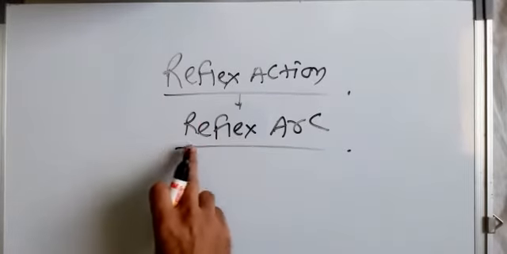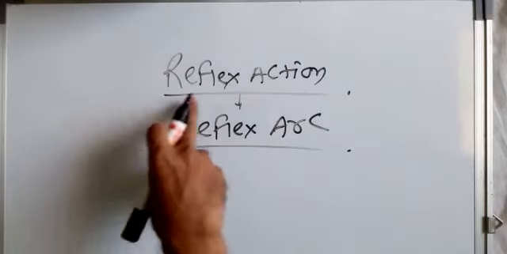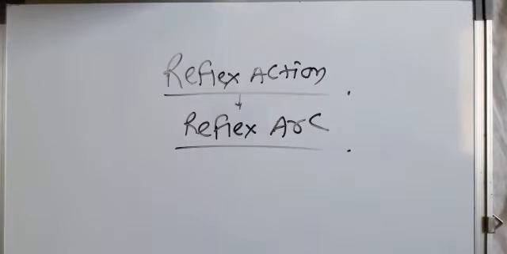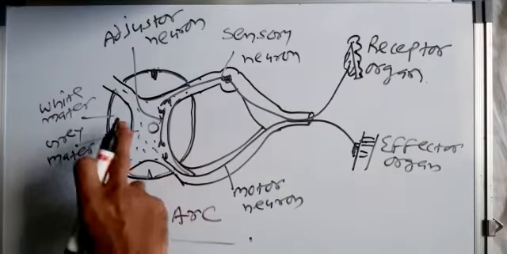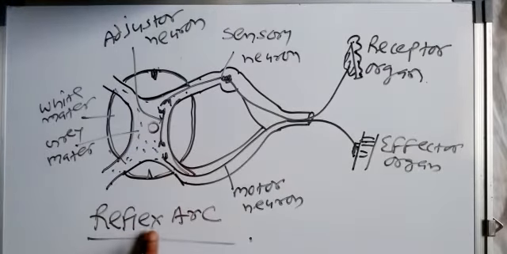Now we will move forward to the reflex arc. We will study the reflex arc diagrammatically. So this is the diagram of the reflex arc. Now in this diagram we can see the different components of the reflex arc.